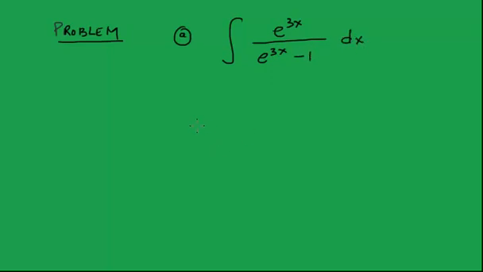That's the first antiderivative to compute. And the second one is the antiderivative of 5x over x squared plus 9 dx. So this should not be difficult as long as you understood what we did before.